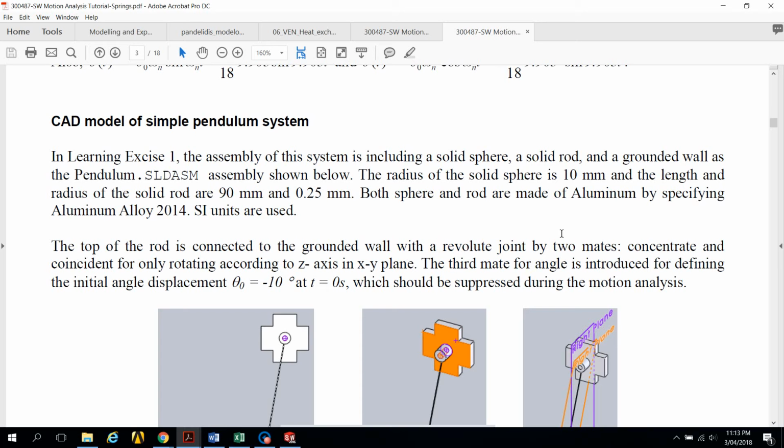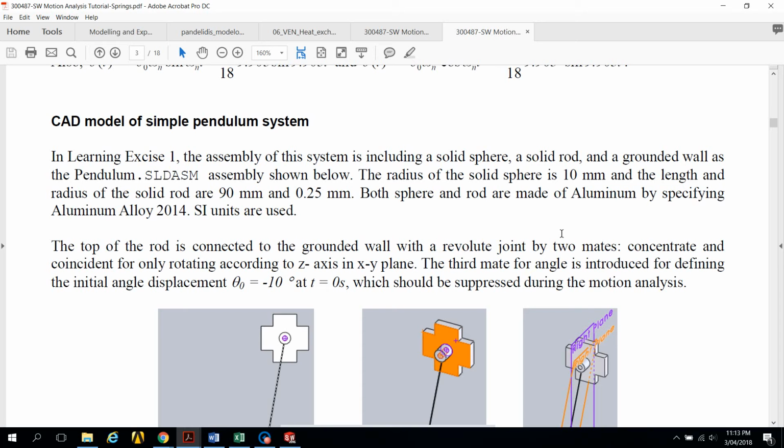The radius of the solid sphere, which is the ball, is going to be 10 millimeters, and the length and the radius of the solid rod are going to be 90 millimeters and 0.25 millimeters. Both the sphere and the rod are made of aluminum, by specifying the aluminum alloy 2014. SI units are used.